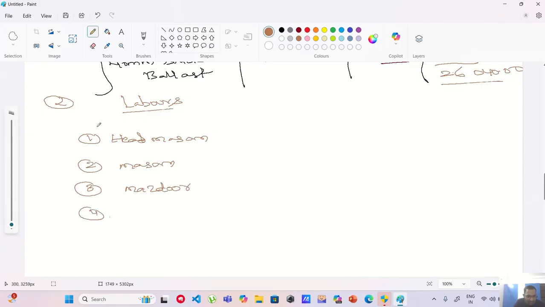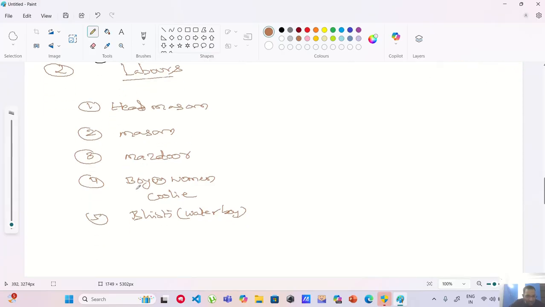And the fourth one is men or women coolie, boy or women coolie. And the last one, the fifth one, is bisti, he is a water person, you can call him water boy. Along with these, the already defined lump sum is there, that we can call sundries.